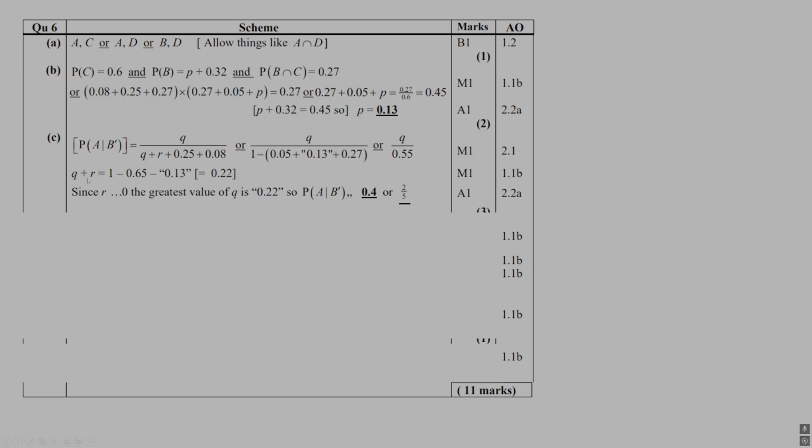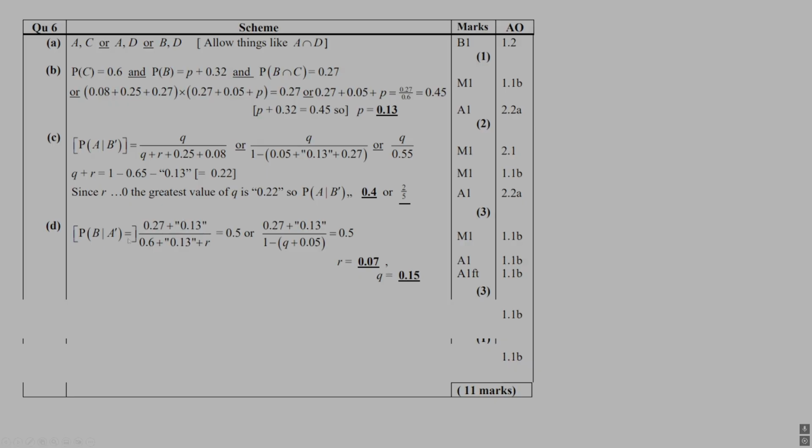So you get Q plus R equals 0.22, and then you say that the maximum value of Q, because it tells you the greatest value of P, A given not in B. Therefore the greatest value of Q is going to be 0.22, because if Q plus R is 0.22, the greatest value of Q is when R is 0, which means Q is 0.22, which means you substitute that into here, so you just get 2/5, and that's your answer for the maximum value of P, A given not in B.